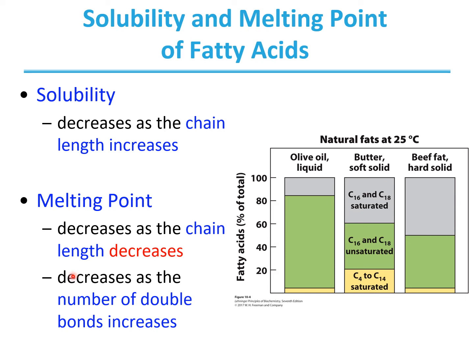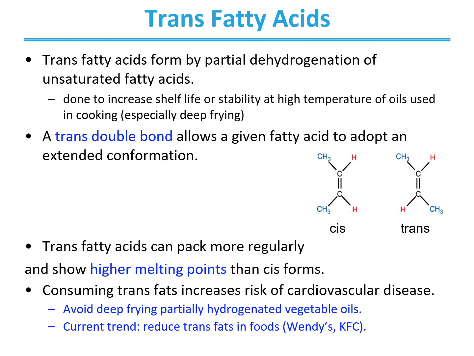And on top of it, the melting point will decrease as the number of double bonds increases in their hydrocarbon chain. Now, as I said, the naturally occurring fatty acids are in cis conformation, as you can see here.